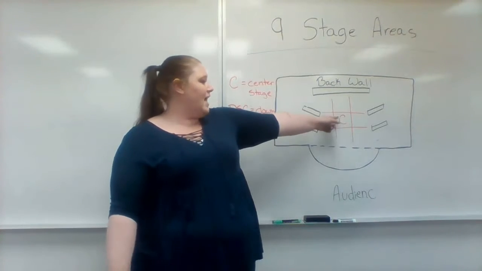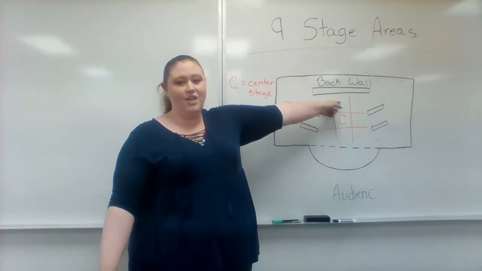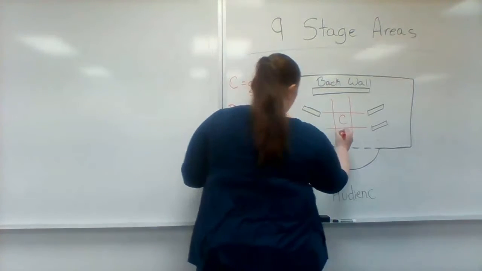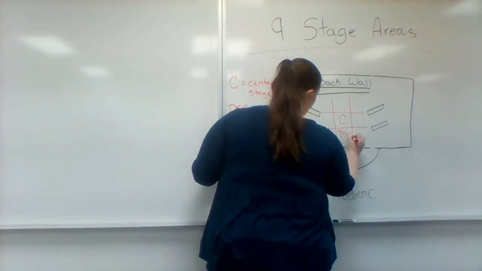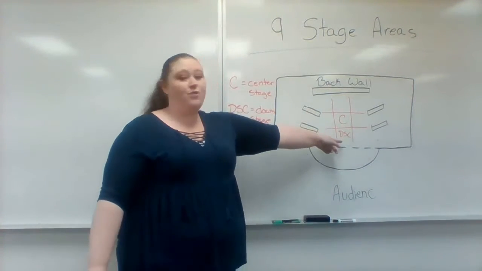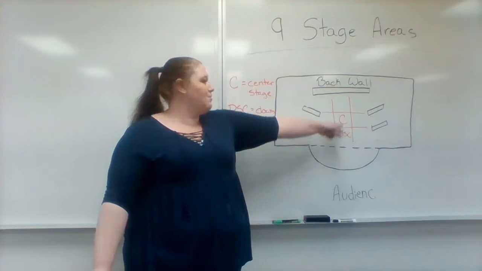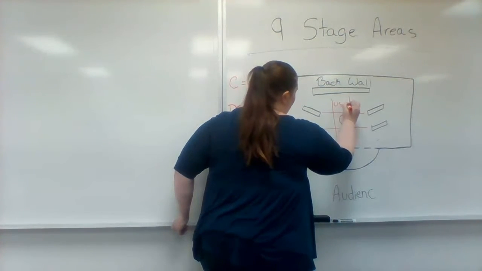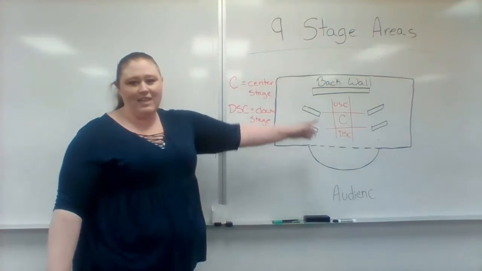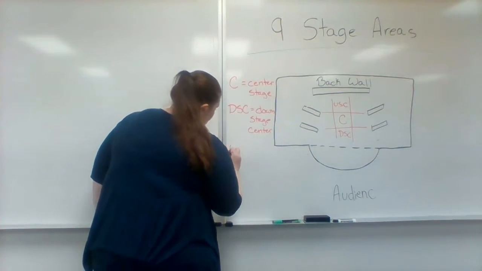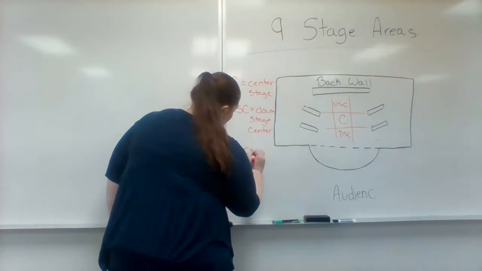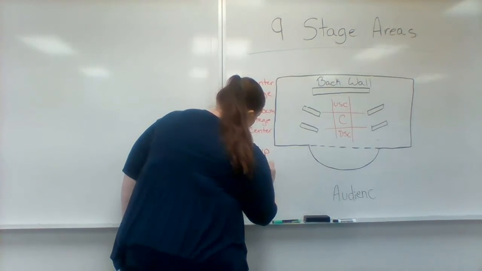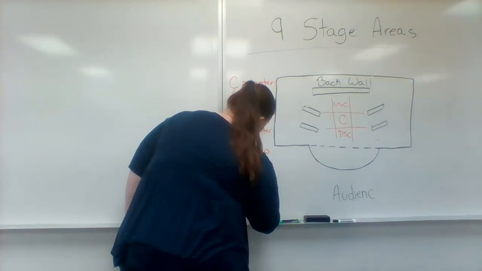If we are upstage from center, we're in this little square here. So, downstage center. And if we call this downstage center, it makes sense that we would call this upstage center. Upstage center, USC. USC equals upstage center.